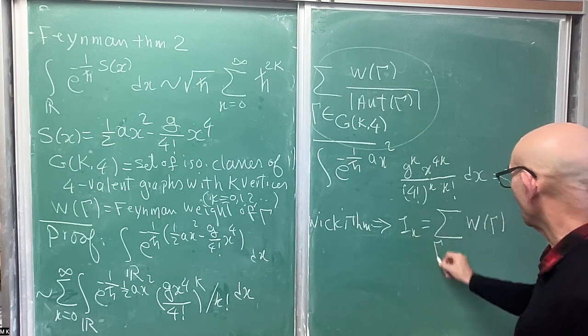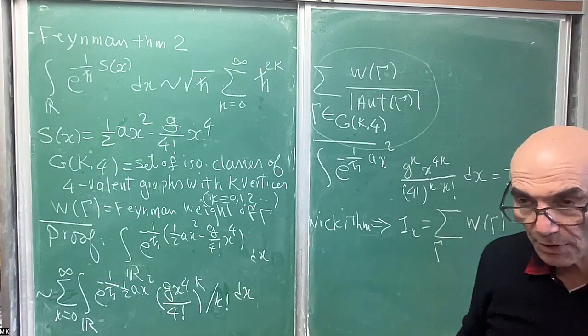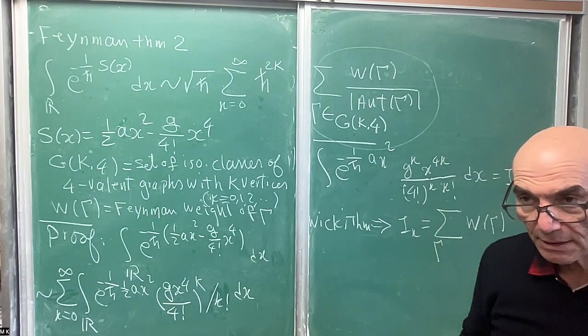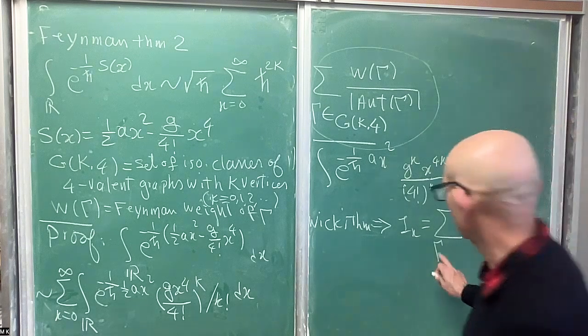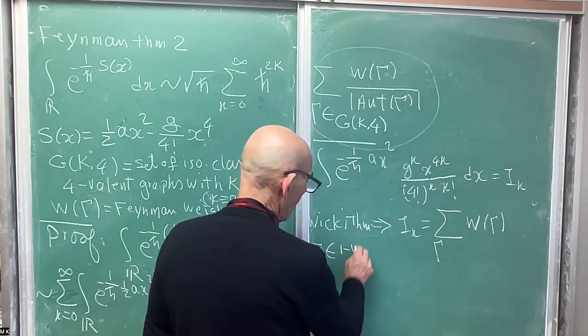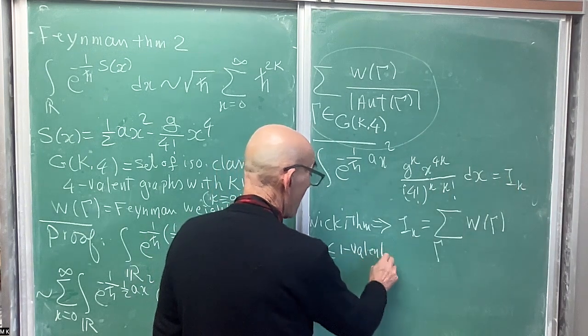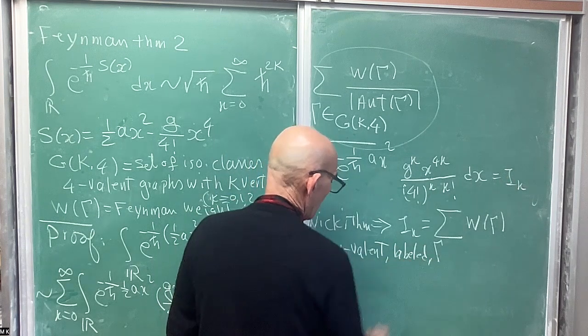So here, this summation is over labeled one-valent graphs with 4k vertices. So in this case, gamma belongs to one-valent labeled graphs with 4k vertices. All these words are important.